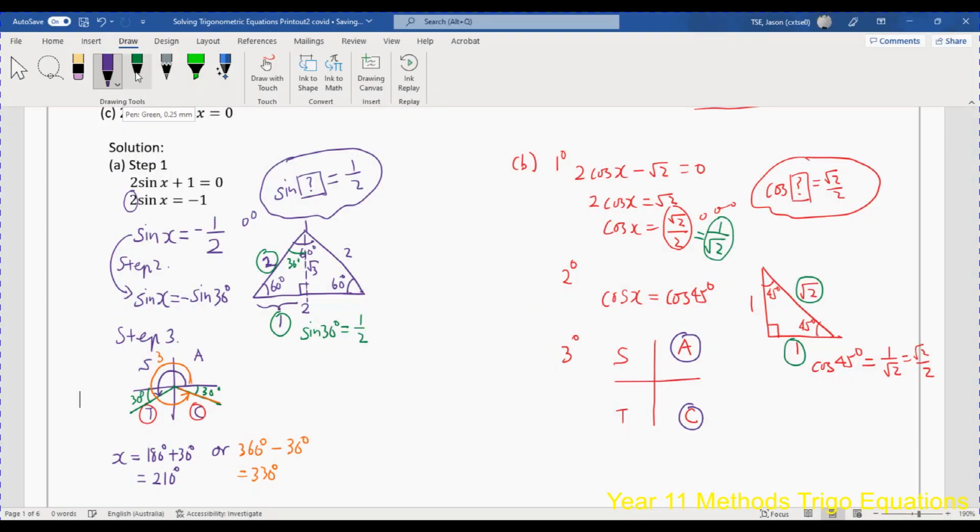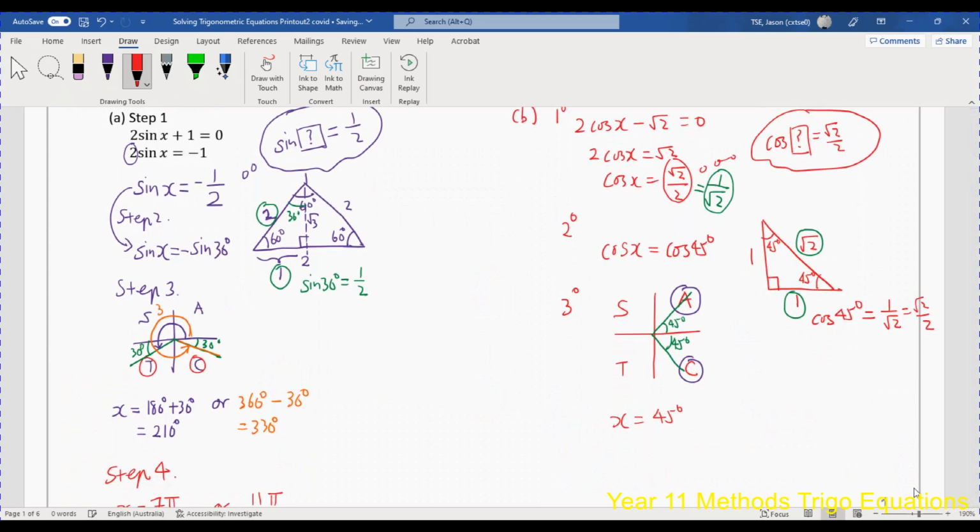And you need their reference angle being 45. 45 here. 45 here. Okay. For the first one, I mean the 45 degree in the first quadrant, the angle itself would just be 45 degree. No surprise. How about the other one?